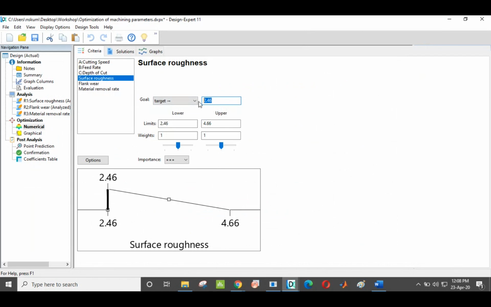The target value is, for example, 2. 2 cannot be given because it is not attainable, so somewhat take it as 3. So target value as 3. So here you can see, now it has been fixed as 3.